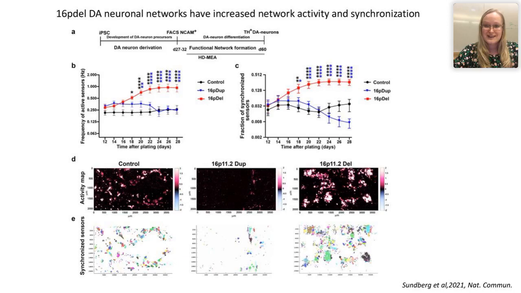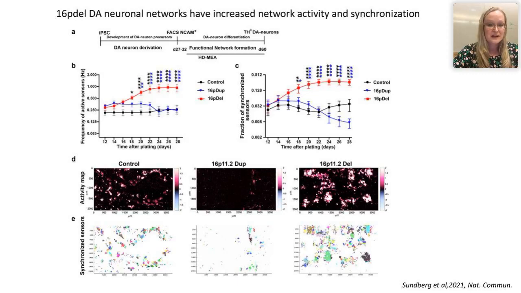And our data shows here, really interestingly, that the 16p deletion cells were really increasingly active. They had a significantly higher fraction of active sensors compared to control or duplication populations, shown here in red in panel B. And also we quantified the fraction of synchronized sensors, and we show that the 16p deletion networks had a significantly higher number of synchronized sensors compared to control or duplication population, shown here in red.